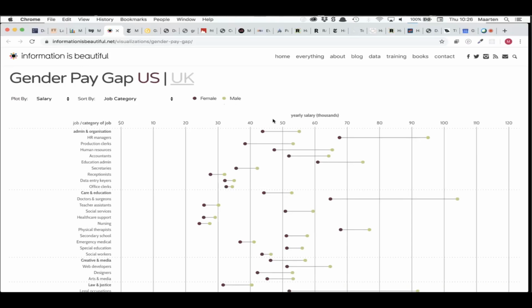So you can use a simple line to connect the dots between men and women, and this is what this chart is about. It's not about the individual values, it's about the gap. And of course, if the message in your data is about a gap, then you probably need a visualization that can show you the gap, and the dumbbell chart is one way of showing gaps between categories.